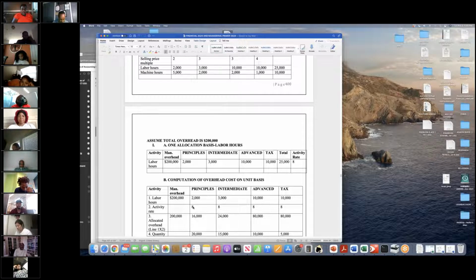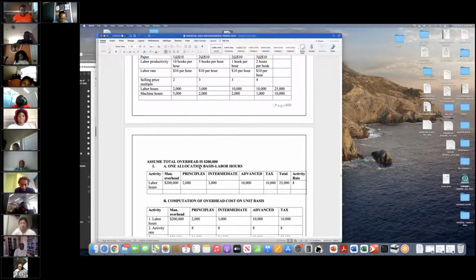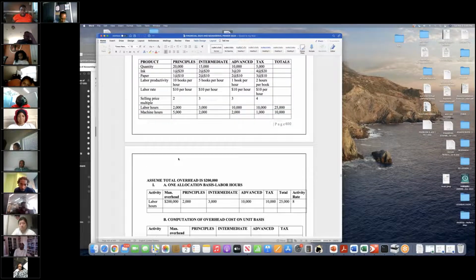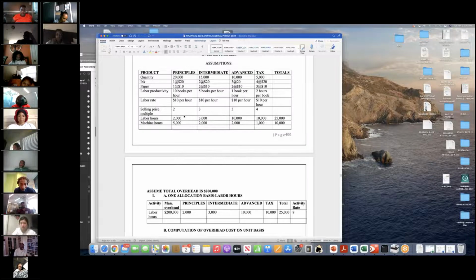We multiply by 8, and therefore 16,000 of the overhead is coming to the principles book. The quantity of principles is 20,000. That's saying 20,000 up here. So the unit overhead rate is 0.8. And our selling price multiple is 2.